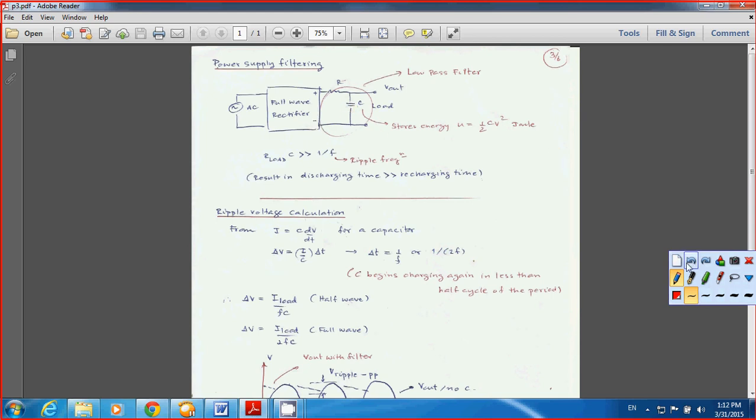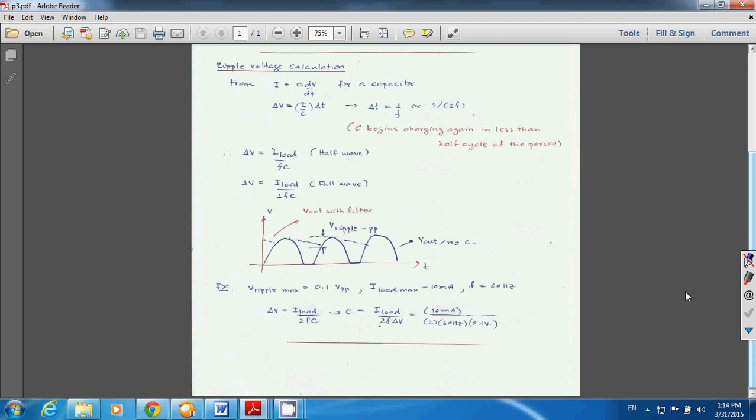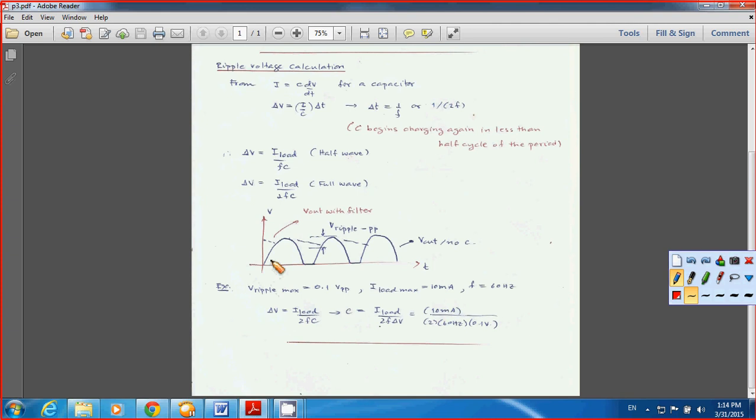And let's take a look at the ripple voltage calculation. First of all, what is the ripple? That's from the full wave rectifier circuit. When you pass the input sinusoidal signal to the full wave rectifier circuit, you end up with the output voltage looking like this one, the blue line here. To smooth the signal out, we want the straight line here, or the DC signal.